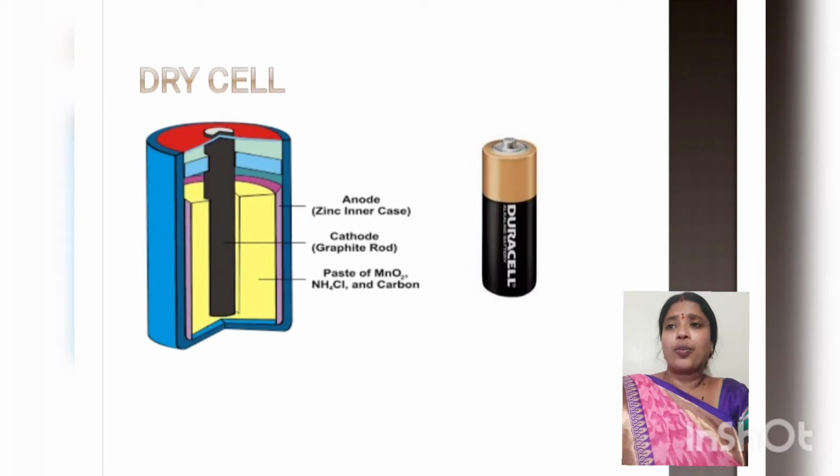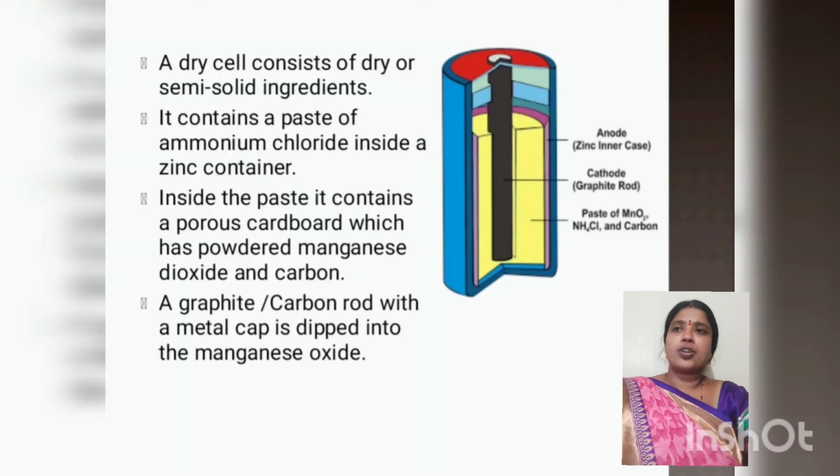Now let us explore what this dry cell consists of. This dry cell consists of dry ingredients, or we can also call them semi-solid ingredients. It contains a paste of ammonium chloride which is present inside a zinc container.